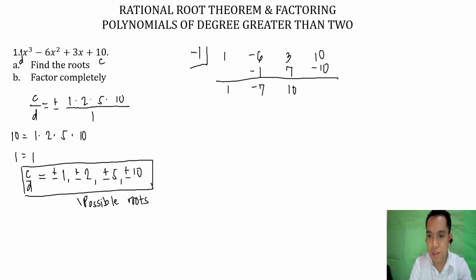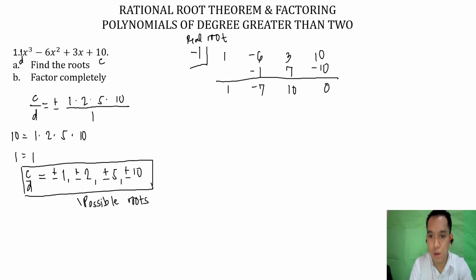So 10 plus negative 10 is 0. Okay, so therefore, since the remainder is 0, negative 1 is a root of our polynomial. So negative 1 is a real root.